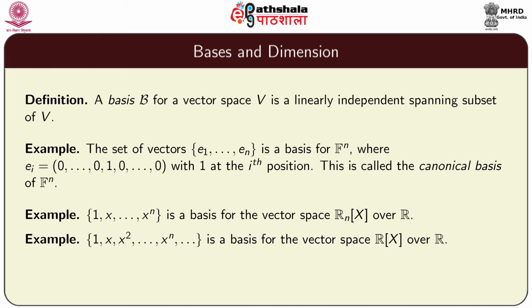Why is that so? If we take the linear combination of 1, x, and so on up to x to the power n, that would look like a0 into 1 plus a1 into x and so on up to an into x to the power n, where a0, a1, etc., up to an are in the real field R. If this linear combination is equal to the 0 vector, that means the 0 polynomial, then it is a defining property of the polynomial that a polynomial is the 0 polynomial if and only if all the coefficients are 0.